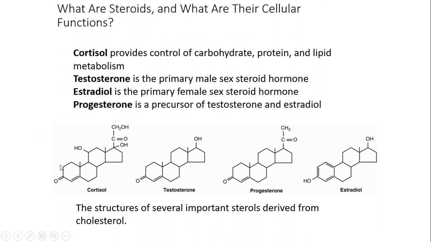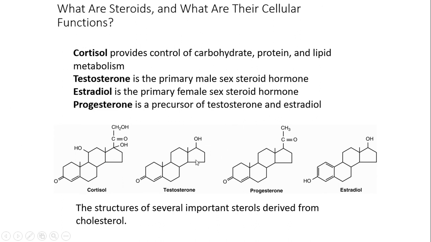So cortisol is a glucocorticoid. Sorry. I mentioned mineralocorticoids. These are involved in salt regulation in tissue, and bile acids are detergent molecules that are secreted in the bile from the gallbladder, and these assist in lipid absorption.